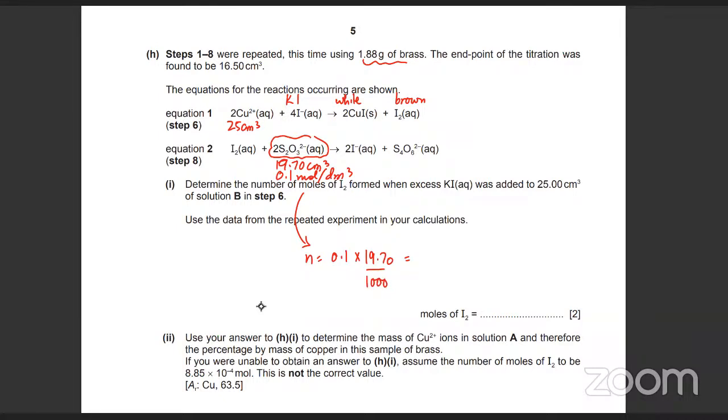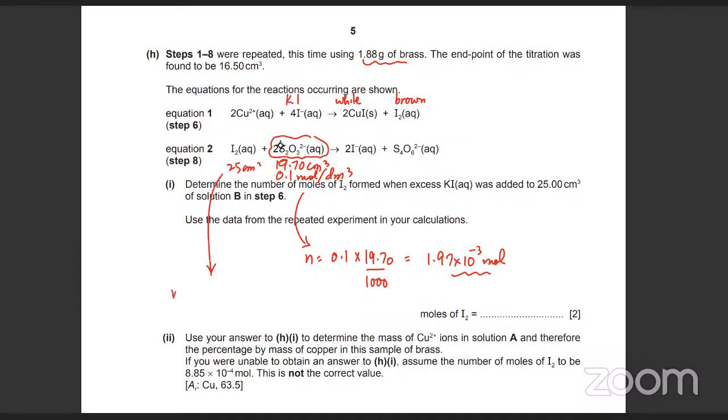Okay, now how many moles are we getting? That's 1.97 into 10 raised to the power minus 3. Actually you're getting 1.97 into 10 to the power minus 3 moles. So in your 25 cm3 flask, where you were titrating all of this, how much iodine? Iodine moles would be half of that, right?